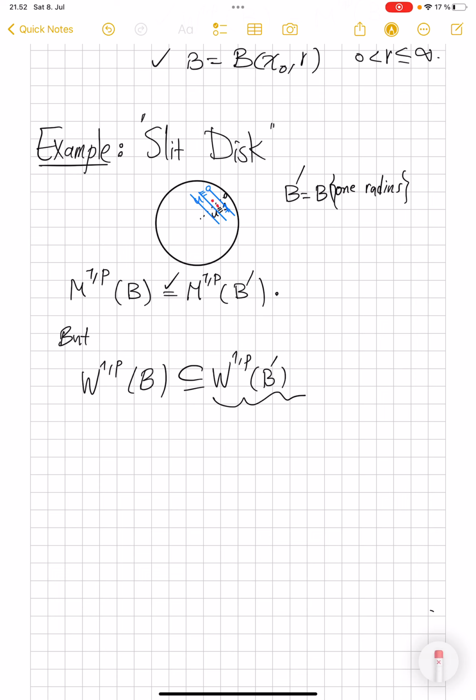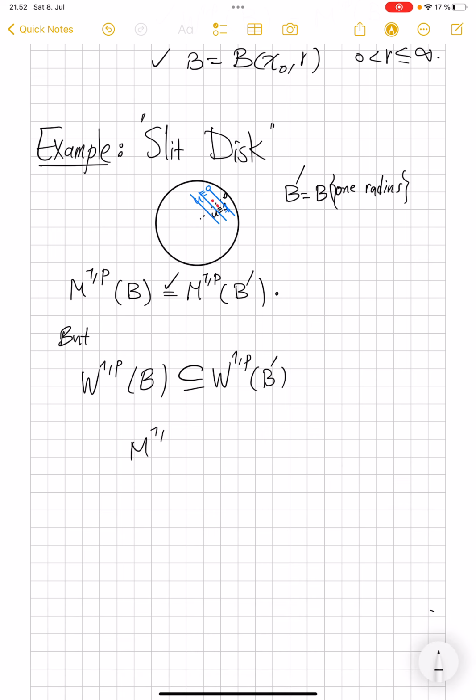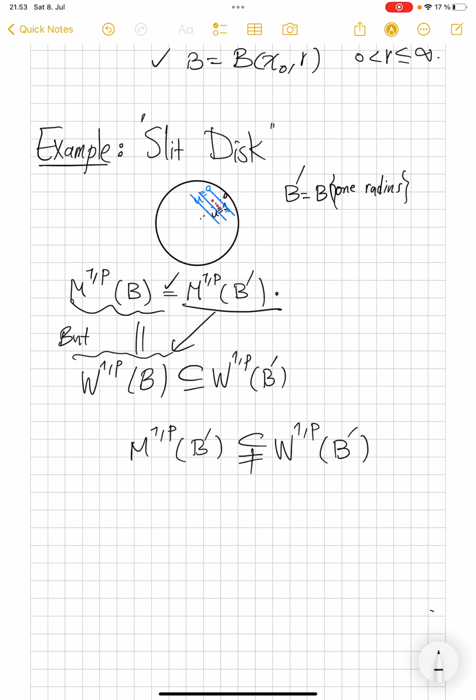So in this case, the consequence of these two observations will be that M1P of B prime is inside but not equal to W1P of B prime. Remember that this is equal to this from above. So this is equal to that, which is strictly included in this one.